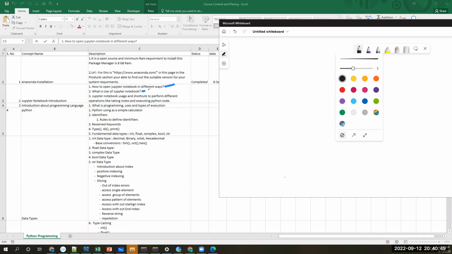Use of Jupyter notebook. What is the use of Jupyter notebook? I'll definitely ask some questions.